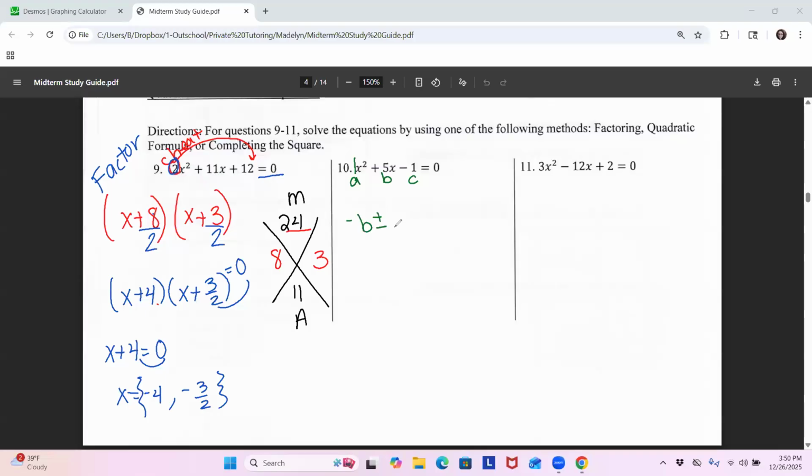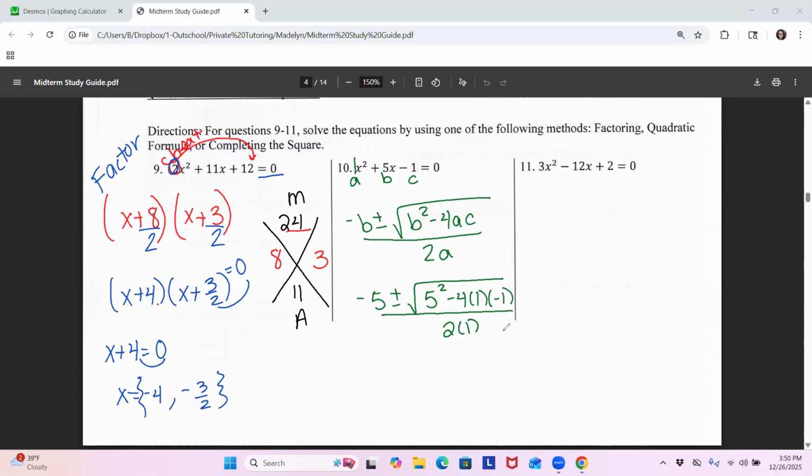Negative B plus or minus big square root b squared minus 4ac all over 2a. So we're going to have negative 5 plus or minus big square root 5 squared minus 4ac, so 1, negative 1, all over 2 times 1. But 2 times 1 is just 2, so there we go.